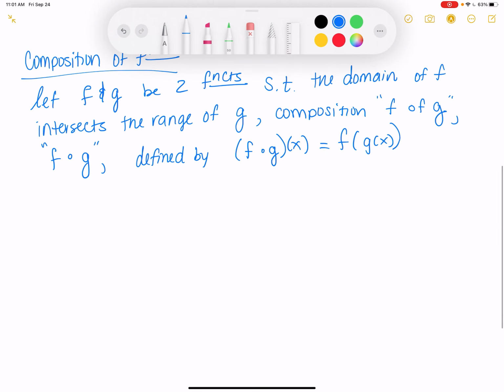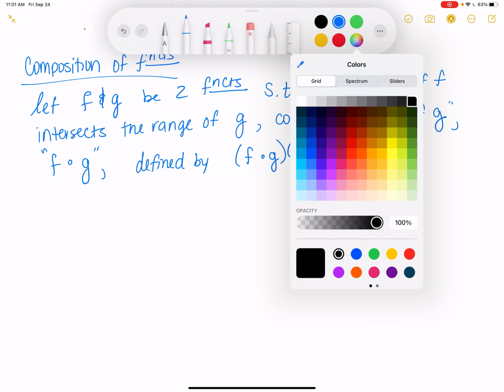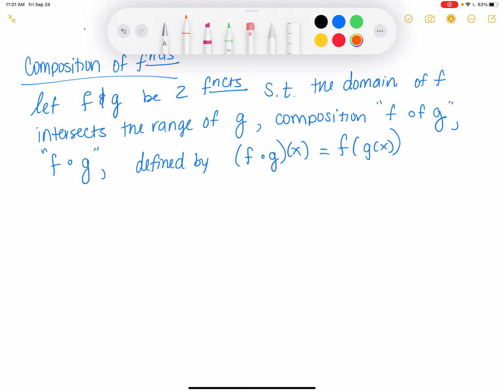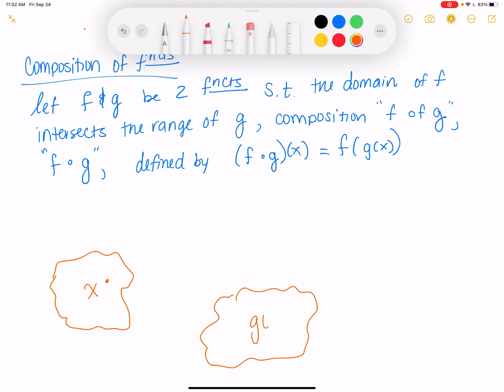So I'm going to draw a little picture down here. I'm going to have x here. I'm going to have g of x here, and there's no rhyme or reason to the shape that I'm drawing. It's just for fun. This is f of g of x.